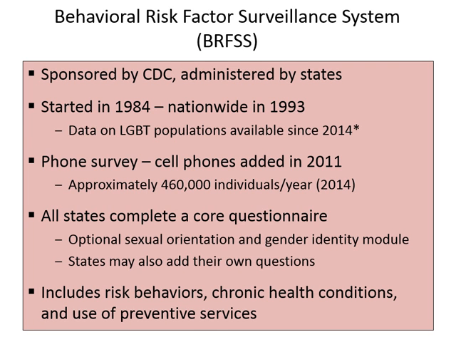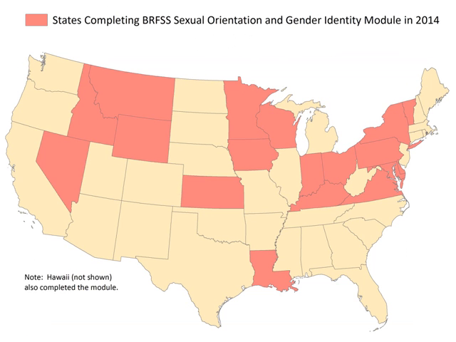The BRFSS includes the same topics that most health surveys would include: risk behaviors, chronic health conditions, use of preventive services, and, of course, demographic information. This map shows the distribution of states. There are 19 of them that did the sexual orientation and gender identity module in 2014. It's fairly geographically dispersed.